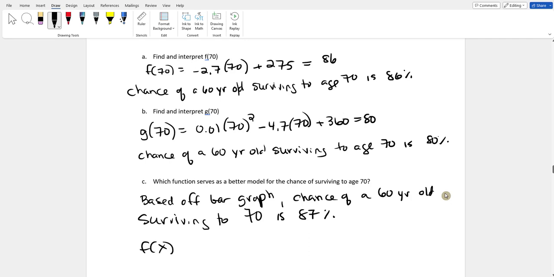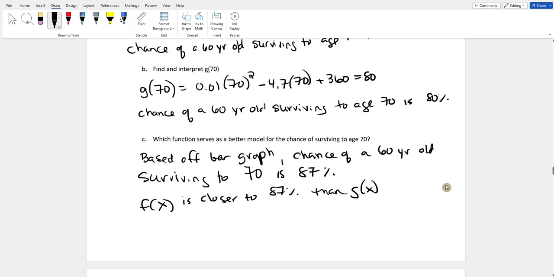So our function f of x is closer to 87% than g of x. Don't forget, f of x gave me 86%, whereas g of x gave me 80%. So the f of x model is closer to the actual data.